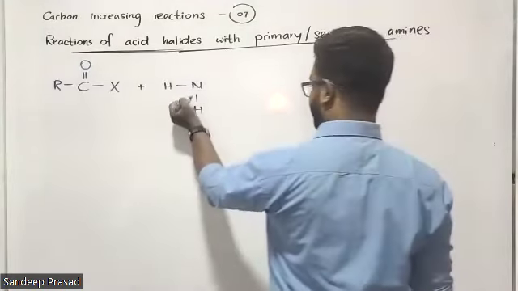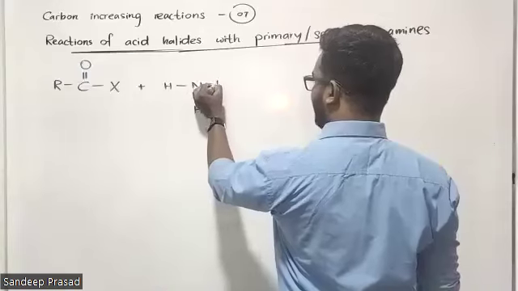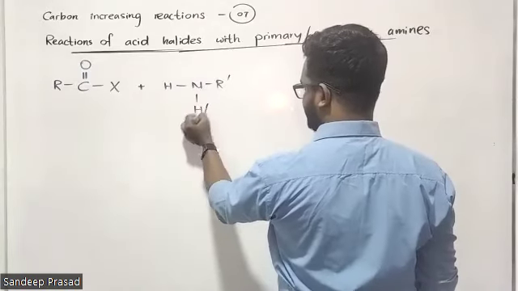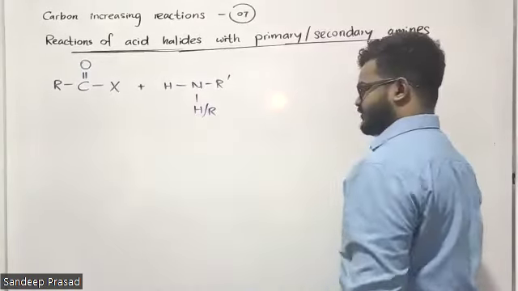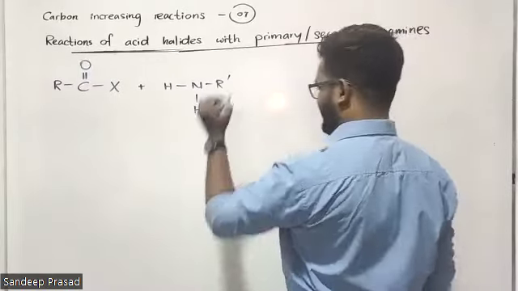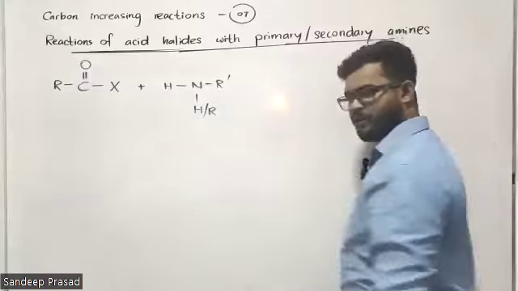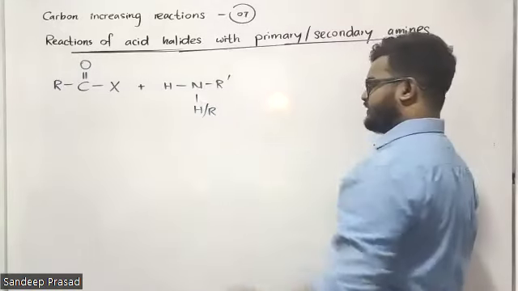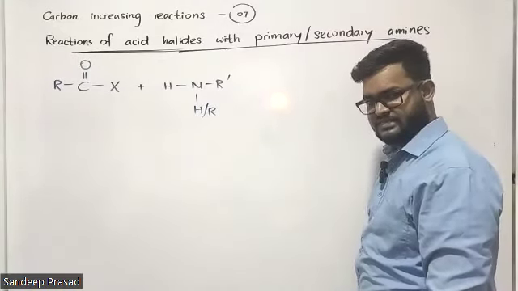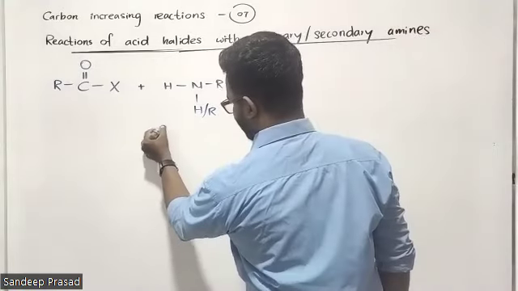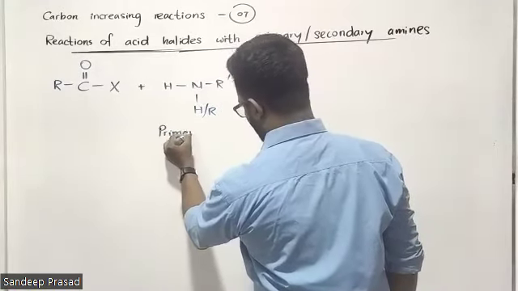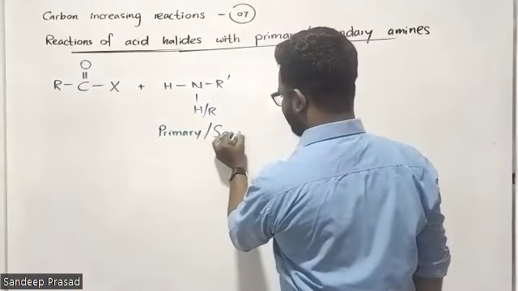If it is a secondary amine, 2 alkyl groups are connected, so 1 hydrogen is there. So let me take H/R here. Let me write down primary or secondary amine.